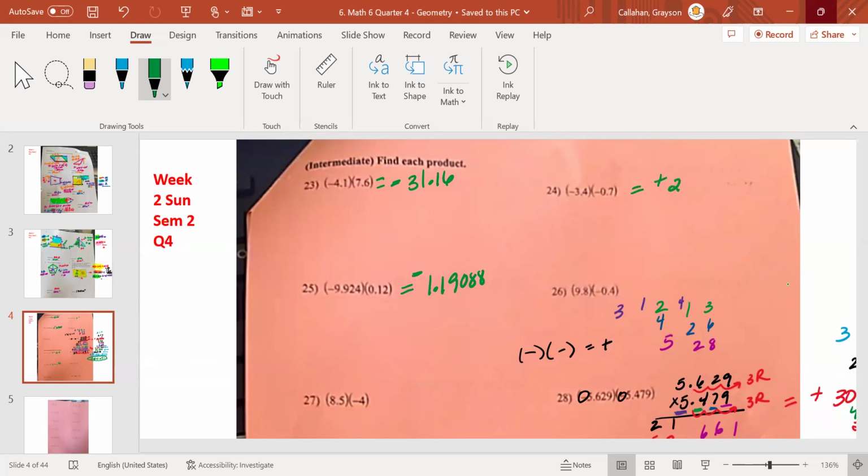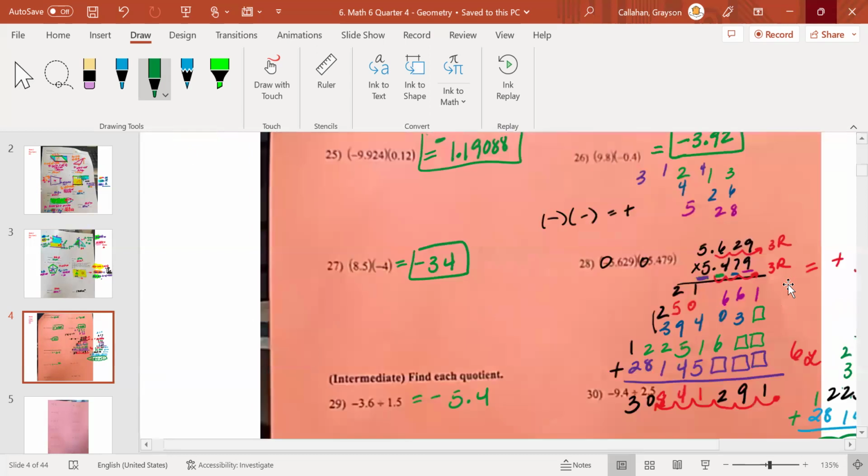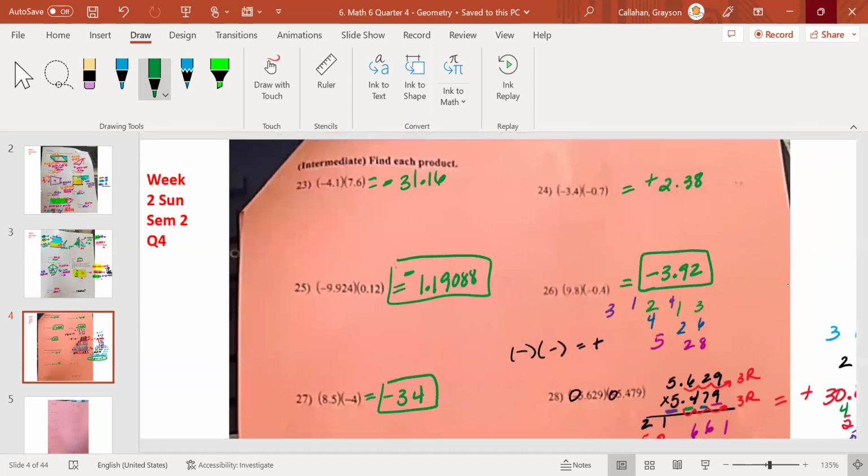This is a positive 2.38. This is a negative 34. Do you have any questions on the first field right here? Any questions?